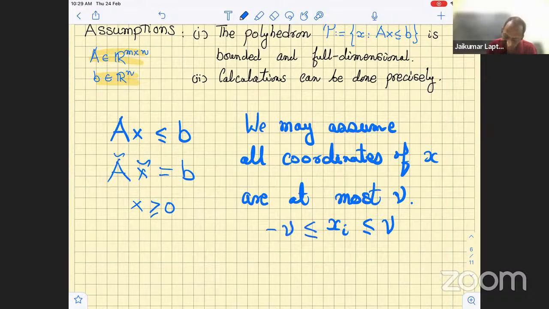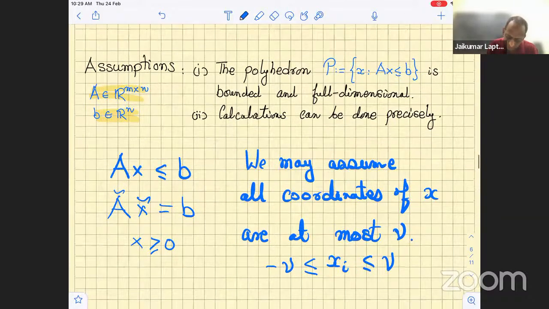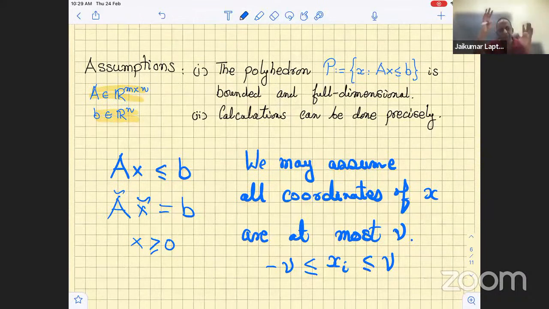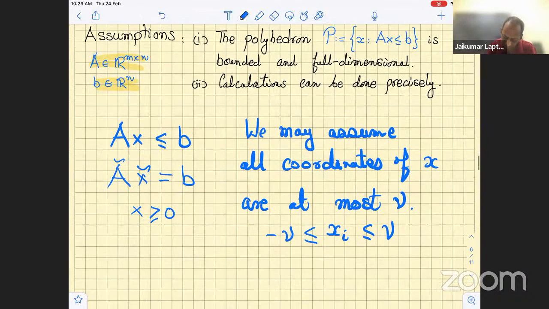That means we just put this polyhedron and cut it off by a box.